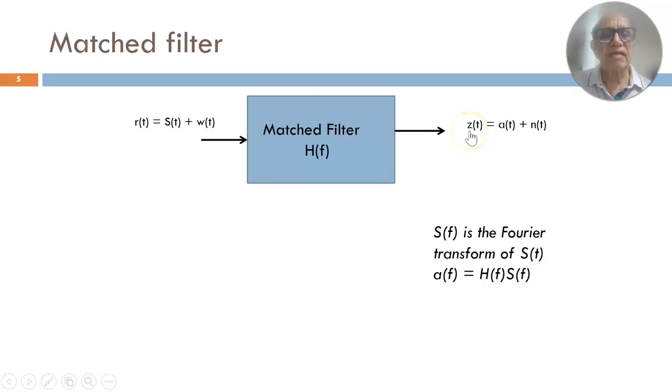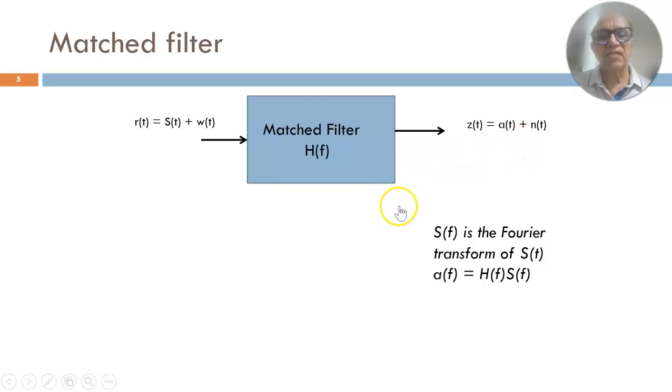So the output is z(t), but this also contains two parts, the signal part which we now call a(t) and the noise part which we call n(t). So the input is s(t) signal part, output is a(t) signal part. The input noise part is w(t) and the output noise part is n(t).